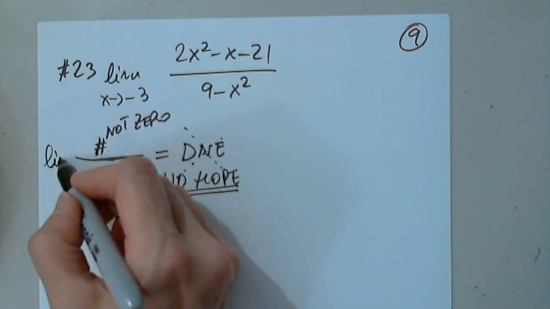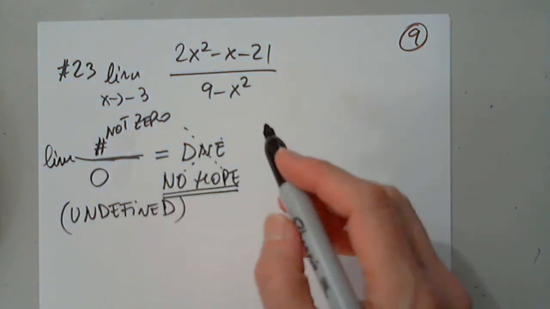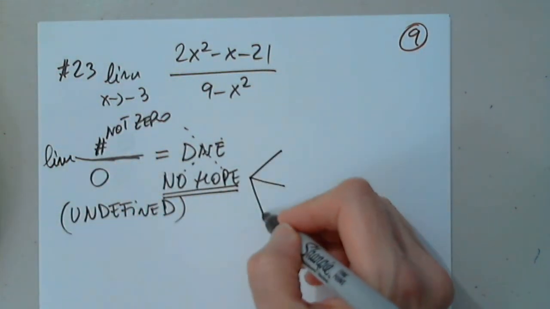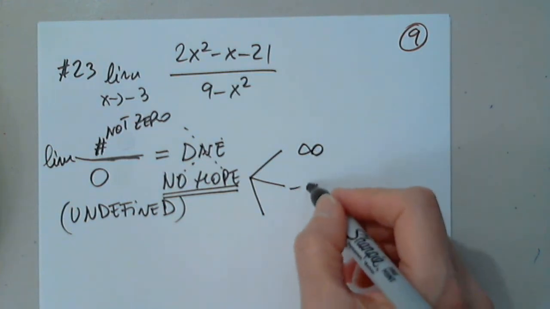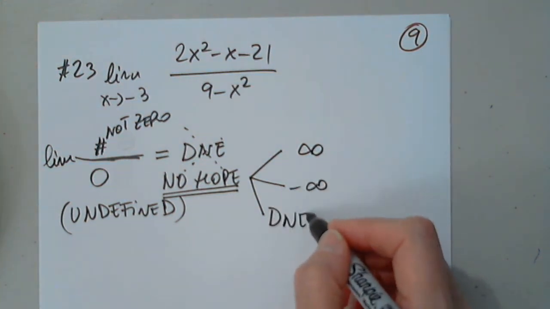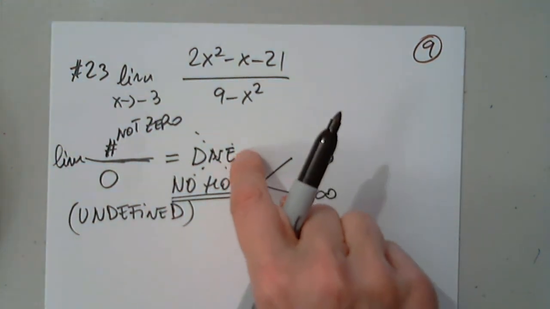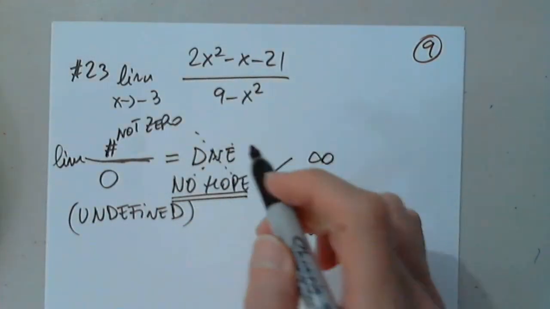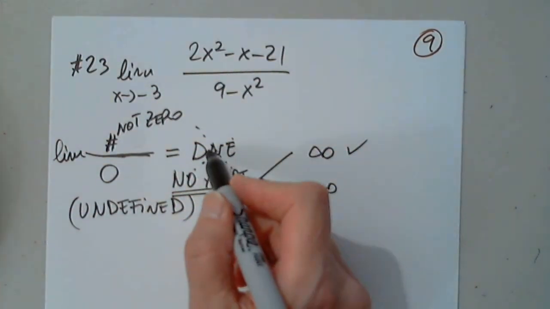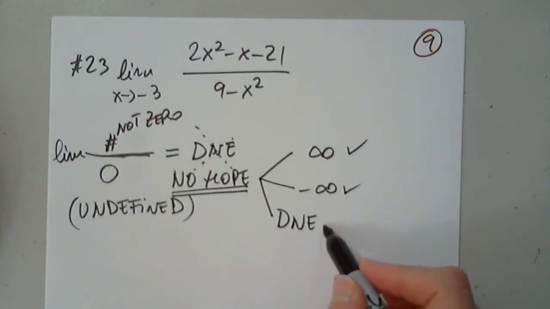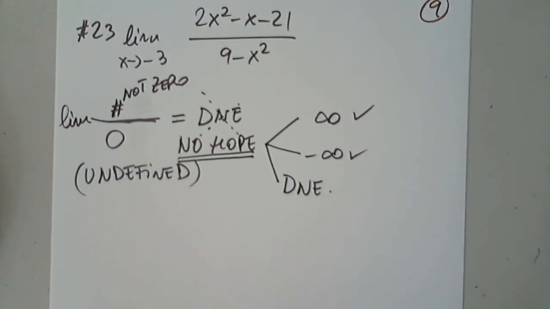So the limit of something like this has no hope. But those are three options: infinity, negative infinity, or does not exist. We don't write that if we have this. We write it when we have this.